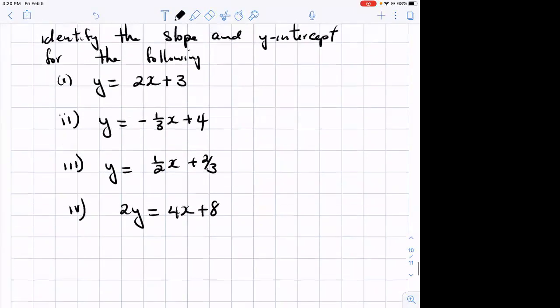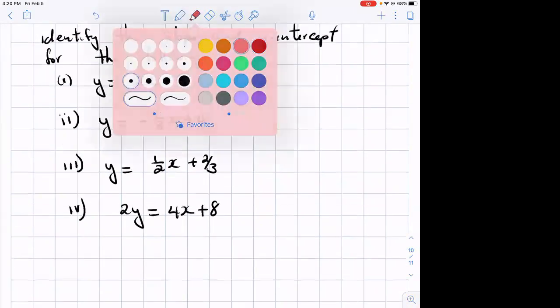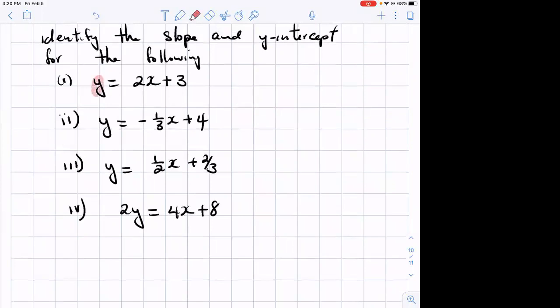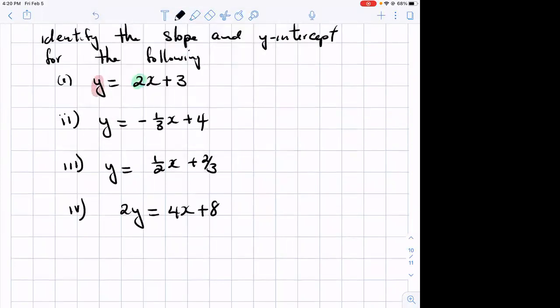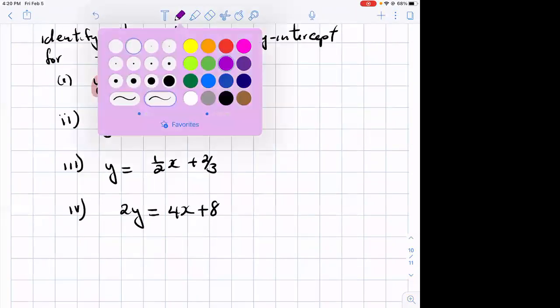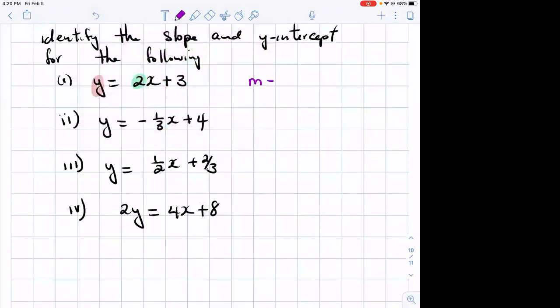Now, you will notice in this equation, okay, y is by itself. So the number next to the x is the slope. So we can say here that m is equal to 2. We can say the y-intercept is 0, 3. Okay? This here is my y-intercept. That's this value here.